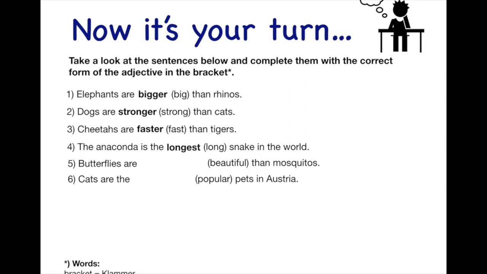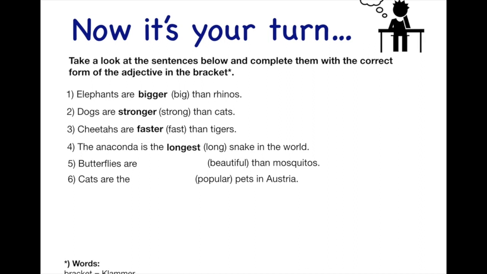Next one. Butterflies are than mosquitoes. Here again you have a than in the sentence. So we will need the comparative, but take a look at the word. Beautiful has more than two syllables.